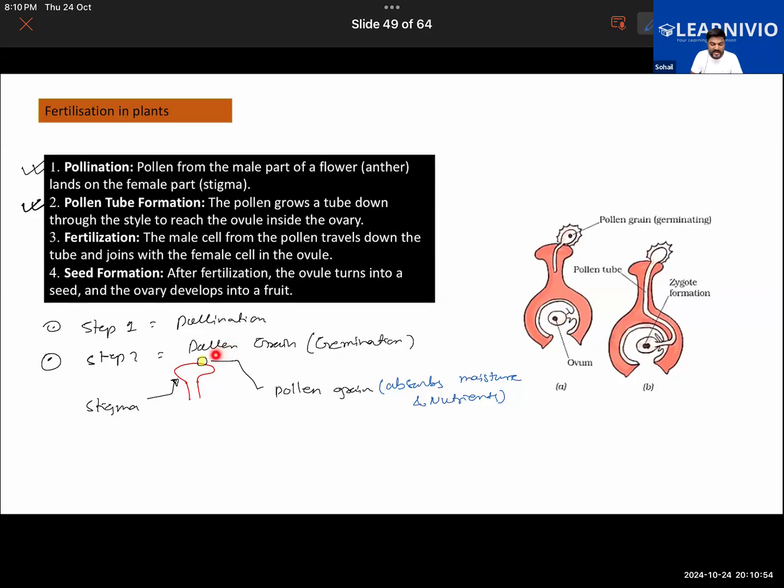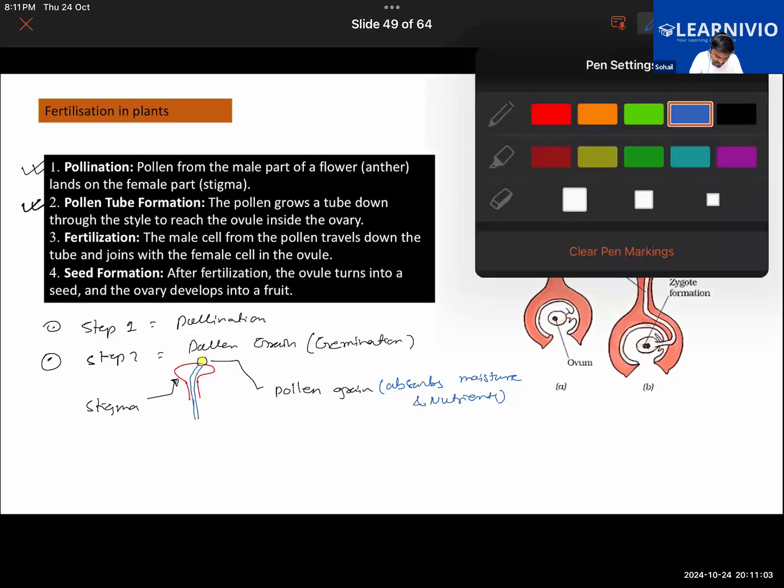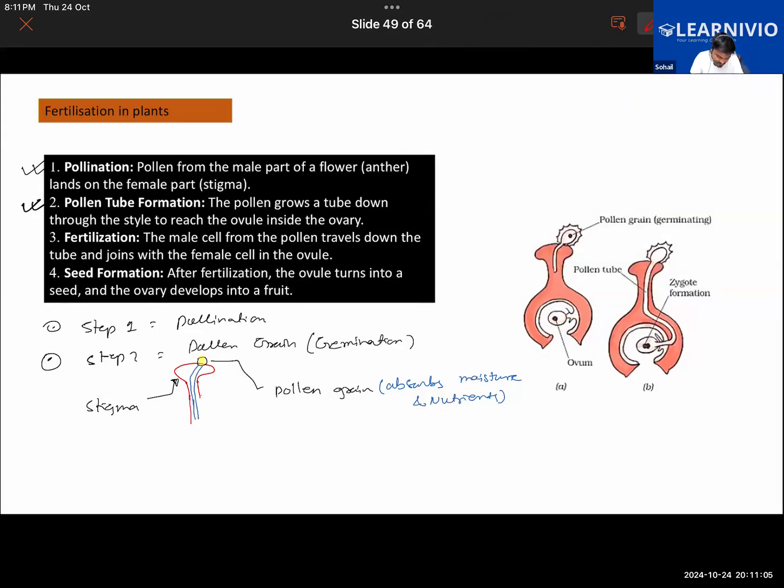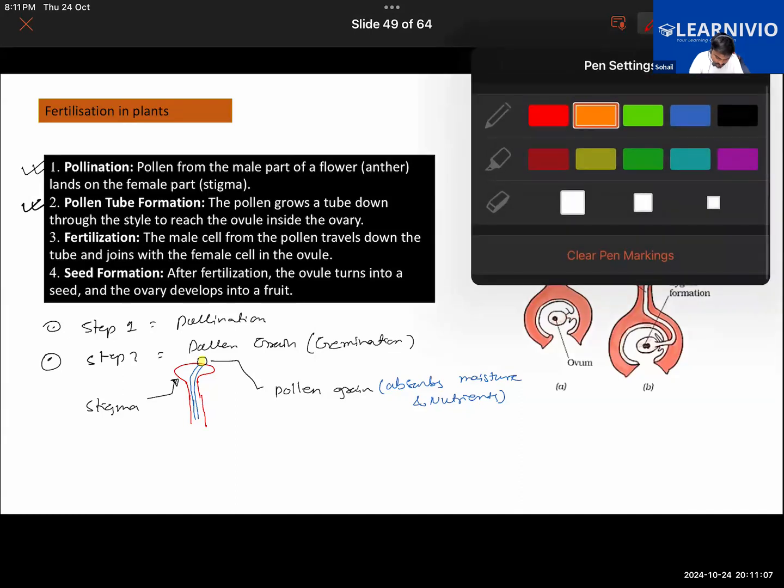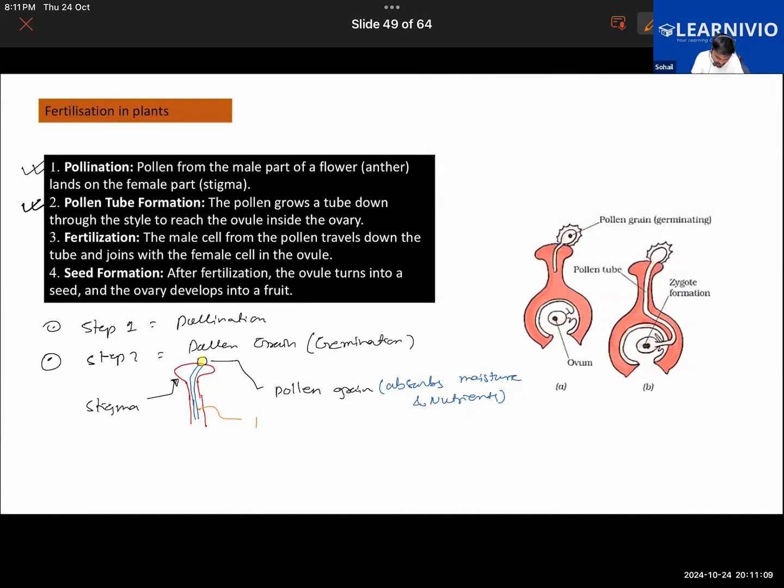Germination will take place, and it will form a tube-like structure called the pollen tube. So here the pollen tube forms.